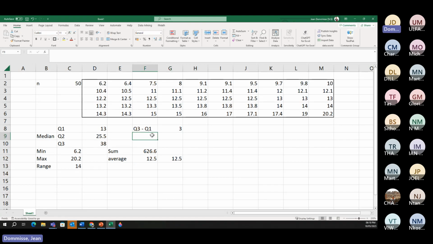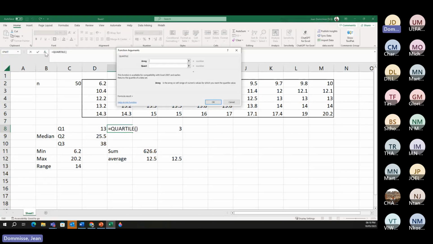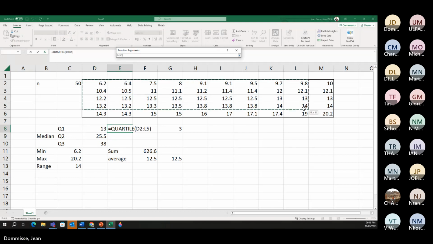This is the place where Excel is different, because Excel will go to exactly that 12.75 and not the 13.